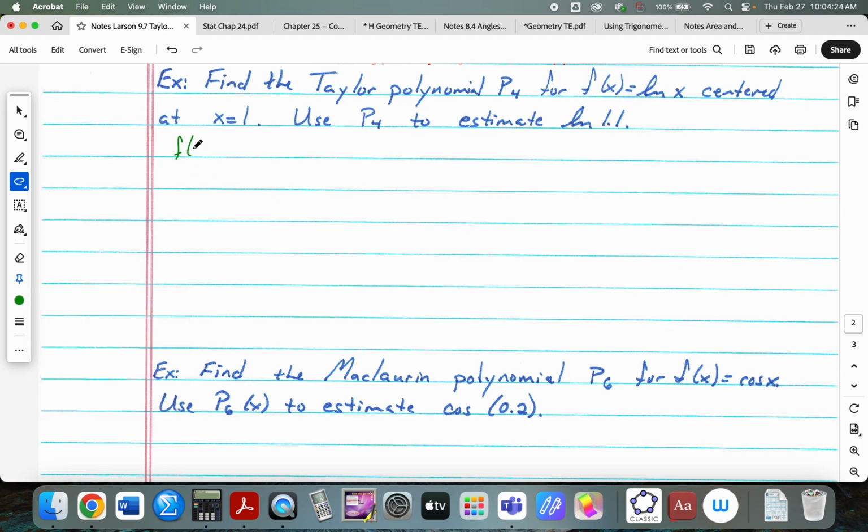So f of x is the natural log of x. F at 1 is the natural log of 1, which is 0. Turns out that the constant term on this one drops out. F prime of x is 1 over x, but I'll write it as x to the negative 1 because I know I need to take the derivative of it multiple more times. So f prime at 1 is 1. F double prime of x is going to be negative x to the negative 2.